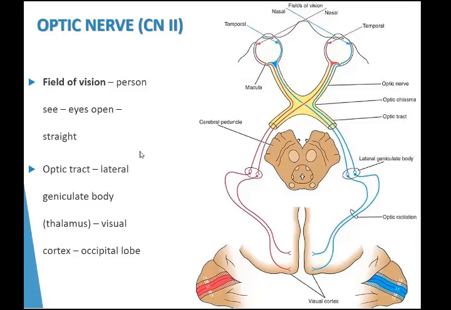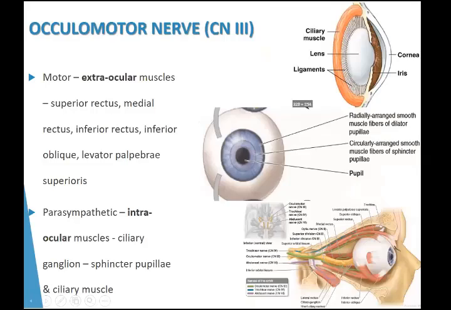आगे चलते हैं आप. Now let's come to the third cranial nerve. अच्छा, एक बात, सारी ऑप्टिक नर्व मैंने आपको पढ़ा दी. I hope you appreciate one thing, कि इस सारी ऑप्टिक नर्व में किसी मसल को सप्लाई नहीं किया.